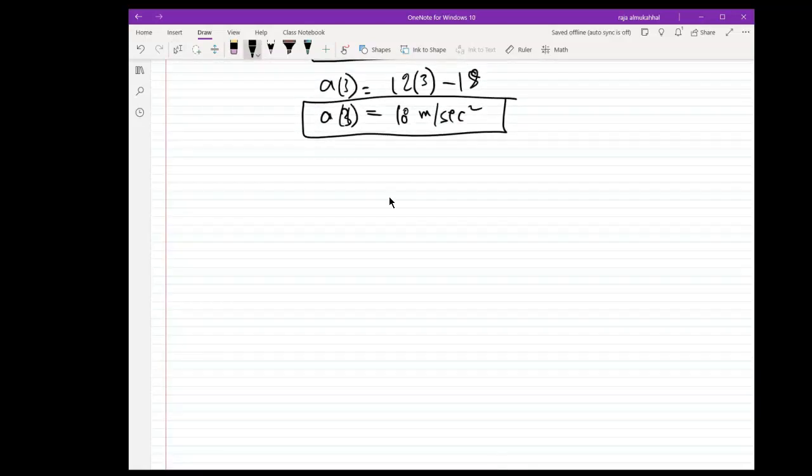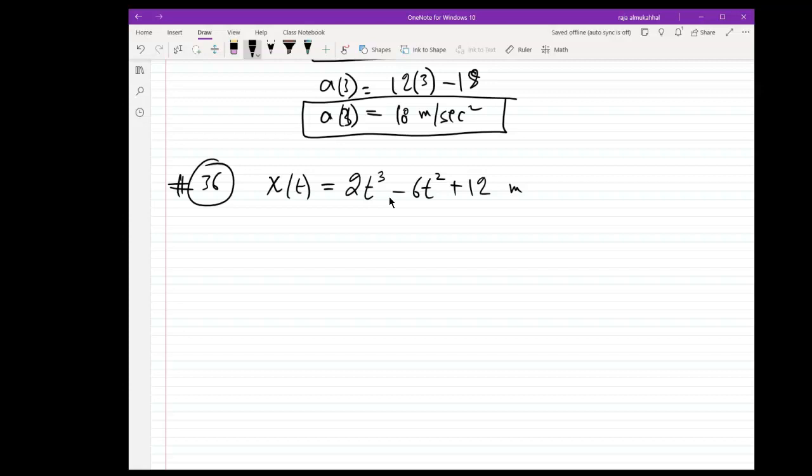Problem number 36, and then I'll move on to the next topic of this video lecture, and that is free fall. Number 36 says the position of a particle is given by the function x of t equals 2t cubed minus 6t squared plus 12 meters, where t is given in seconds.